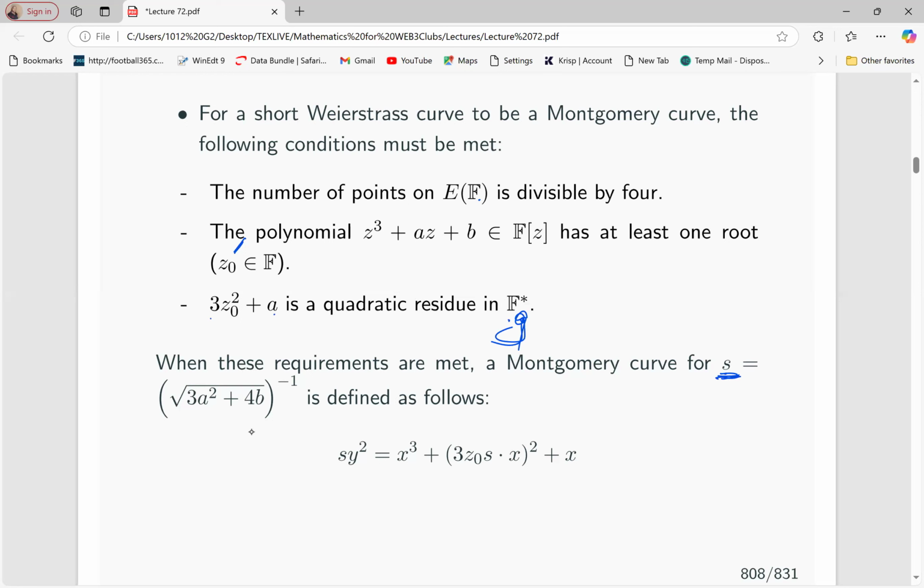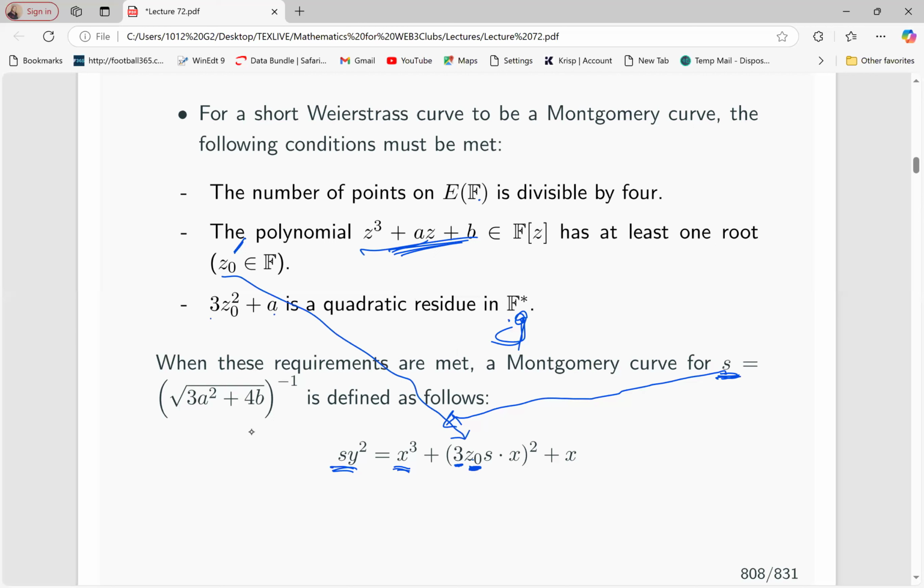Once you get s, write the Montgomery equation. This is the Montgomery equation. So s multiplied by y squared equals x cubed, then 3 multiplied by the root we obtained here, the root of this cubic equation, we call it z0.